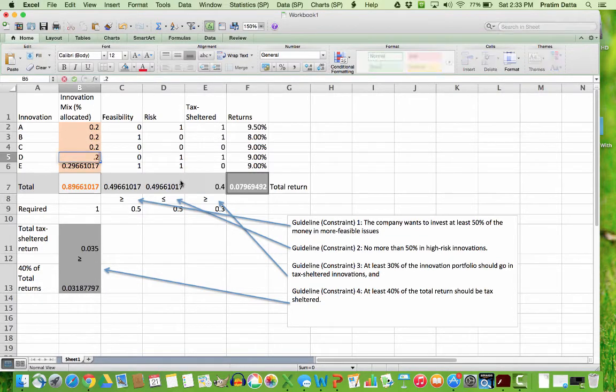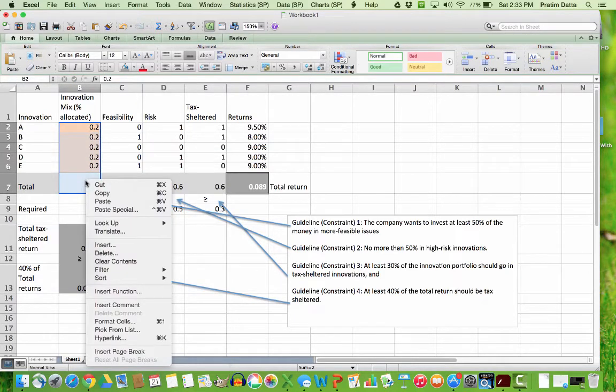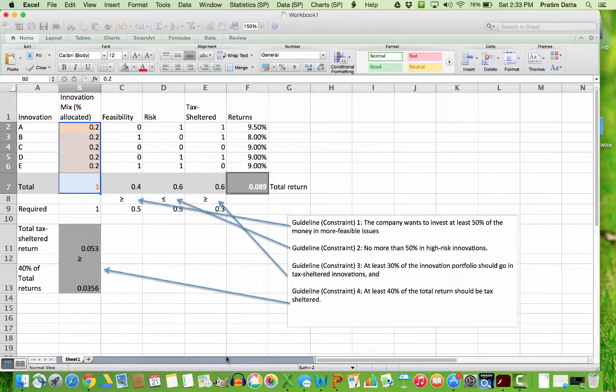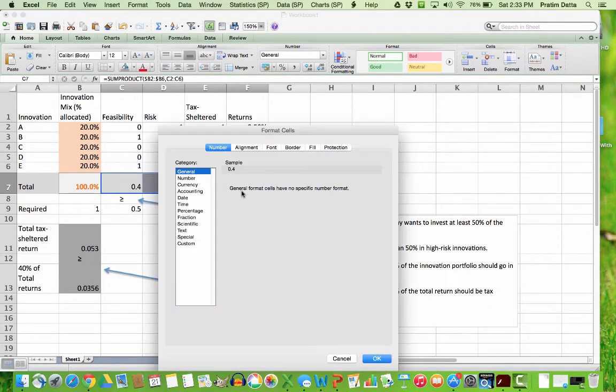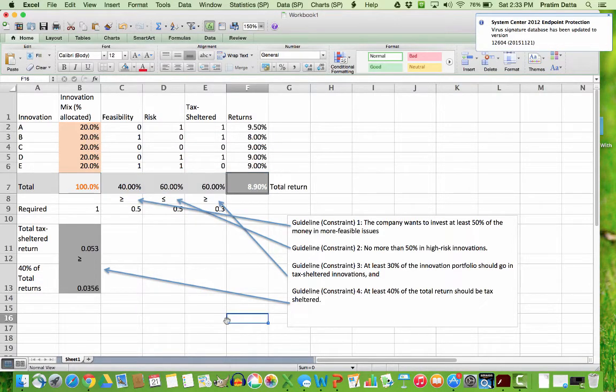So let's keep everything as 20%, right? If you want to make it look like a percentage and you'd be happier with it, fair enough, just go into format cells and choose percentage and let's keep it at 1 decimal place, and there, voila, you've got it. And same thing out here too, have everything in percentage, and we'll keep it at 2 decimal places, and we've got it, right?